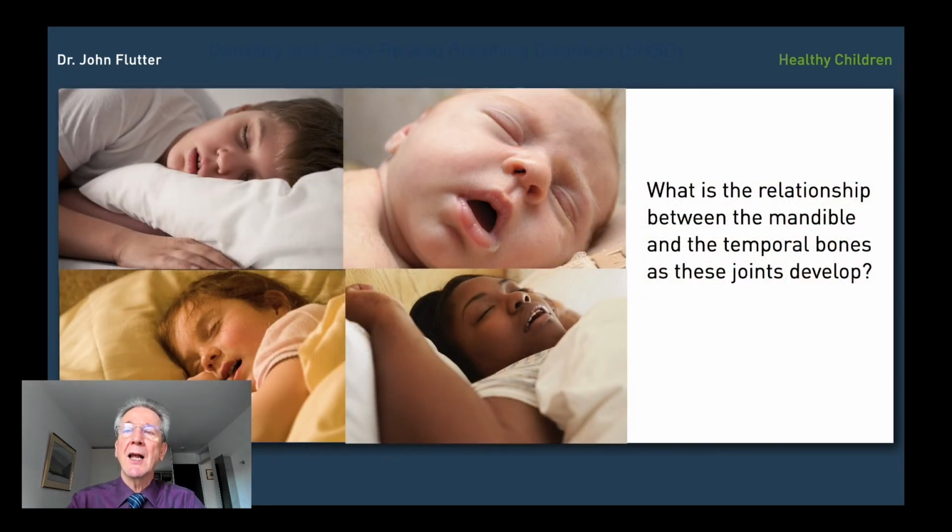In particular, the way that the temporomandibular joint grows and develops, the relationship between the head of the condyle and the glenoid fossa is based on the position that the mandible is usually held. The growth and development of those temporomandibular joints are taking place with a mouth open posture, which we're going to conclude is less than ideal.